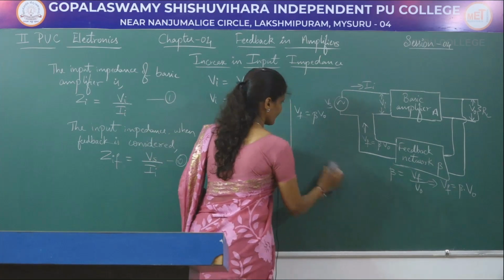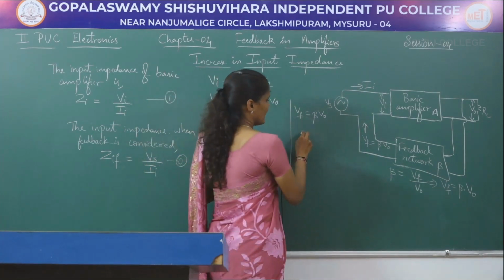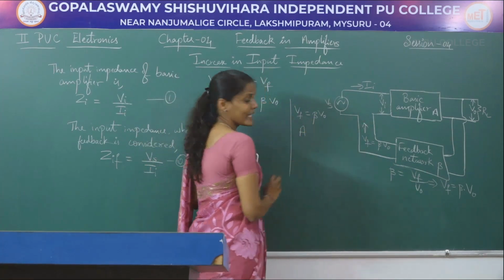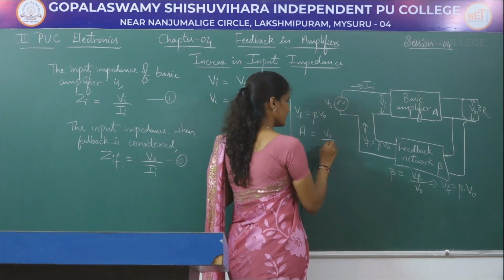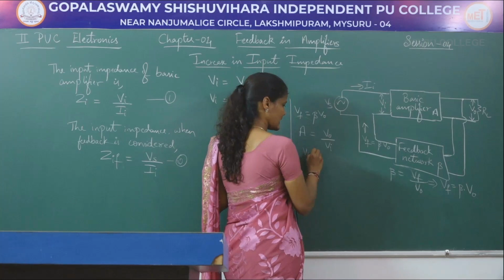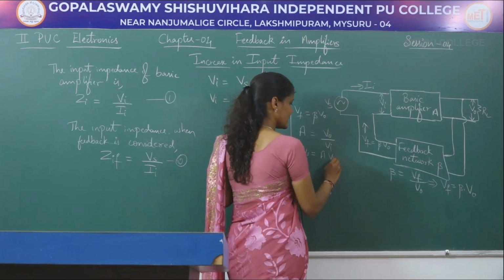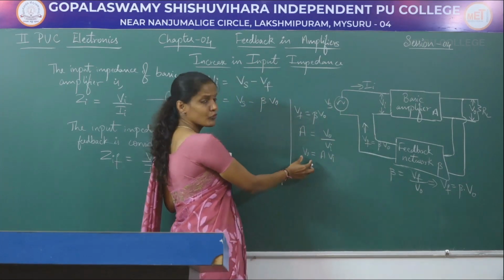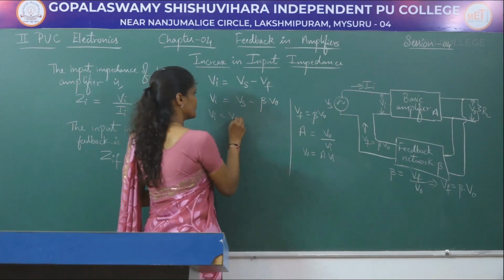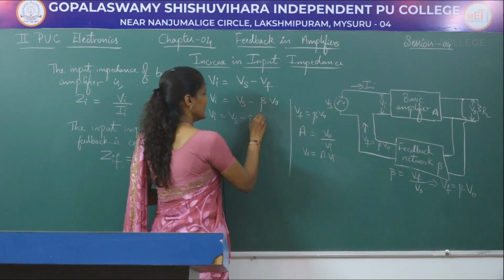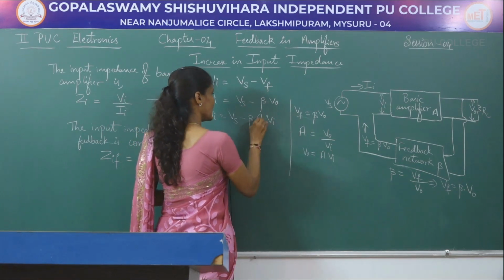Then we know that the open loop gain A is equal to V0 divided by Vi. If I alter this expression, I will get V0 is equal to A into Vi. So let us substitute for V0 in this particular expression. So Vi is equal to Vs minus beta into A into Vi.